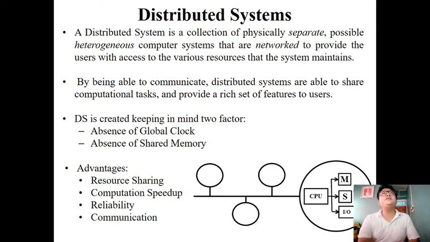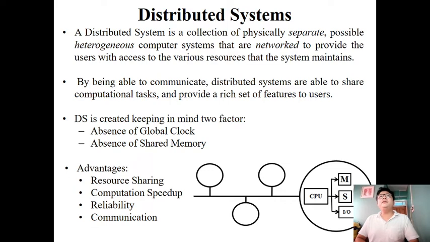Next, with the advancement of technology, we'll discuss the distributed system. With the advancement in technology, we can connect multiple computer systems together in a network. There are several advantages of doing so. Some of them are resource sharing, computational speedup, increased reliability, and communications.